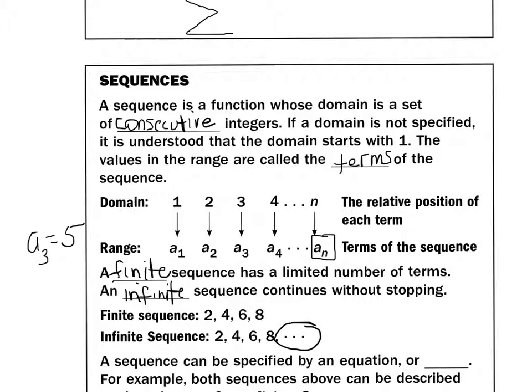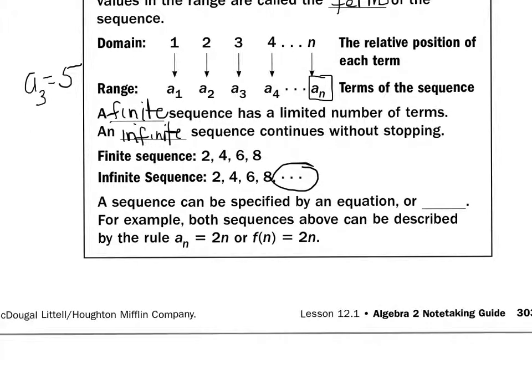A sequence can be specified by a rule. For example, both sequences above can be described by a sub n, sorry, not a to the n, because that would mean exponential.